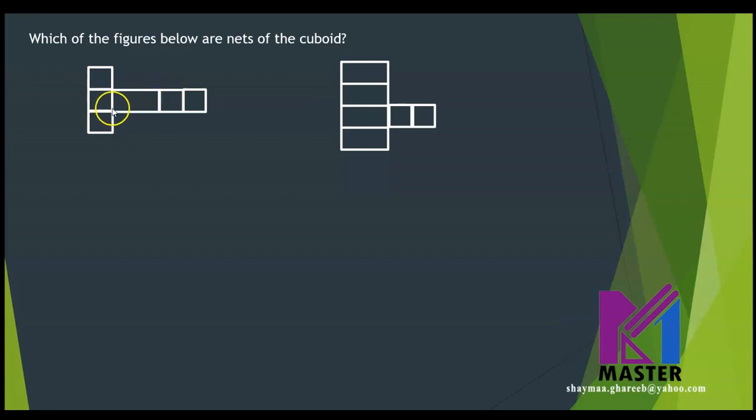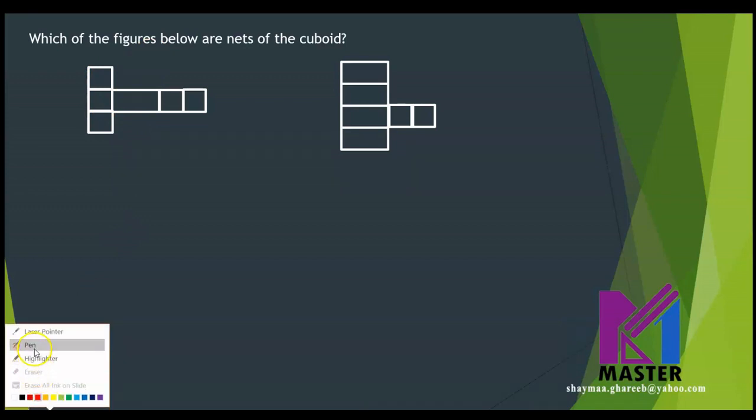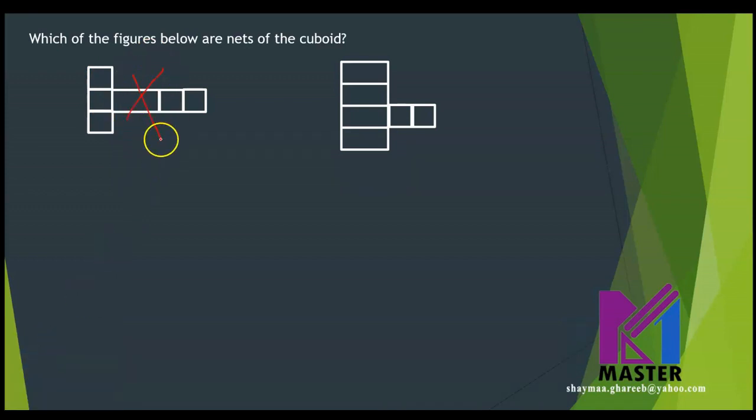Can you find any opposite to this face? We said before, opposite faces should be the same size. Can you find any of these faces that is the same size as this one? No, that's why this cannot be a net of the cuboid.